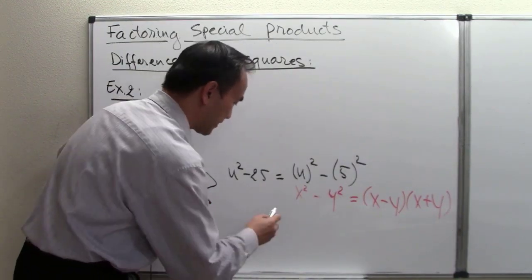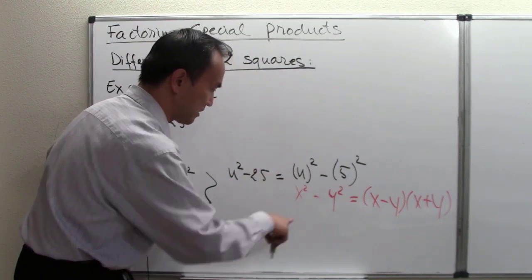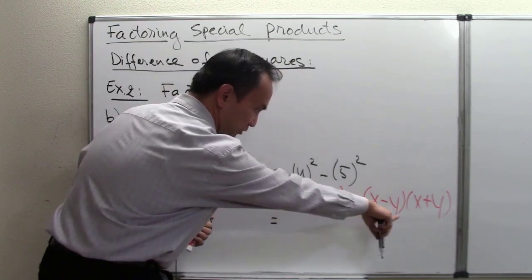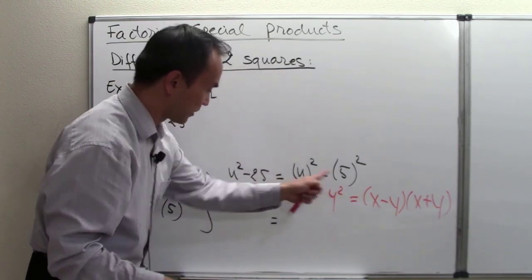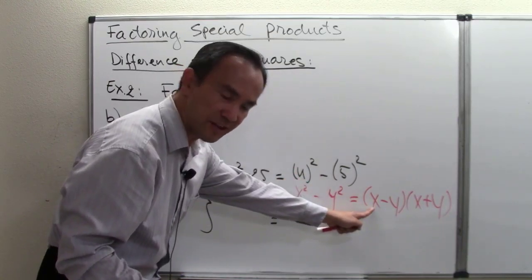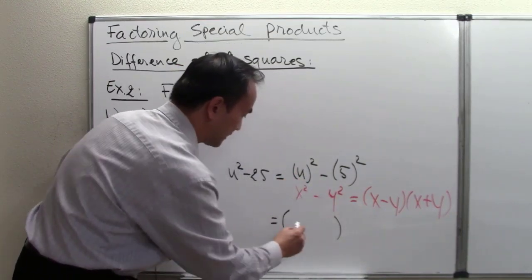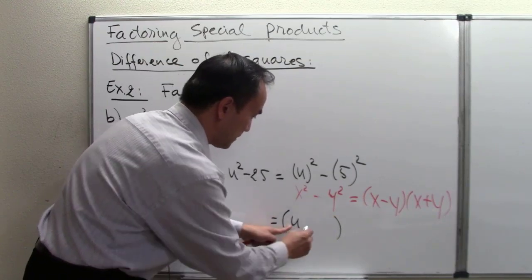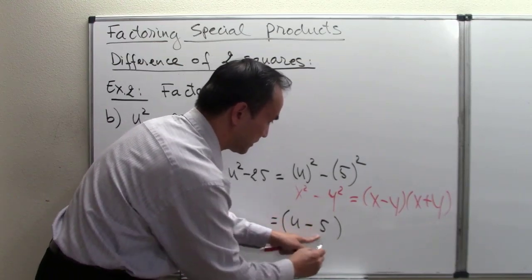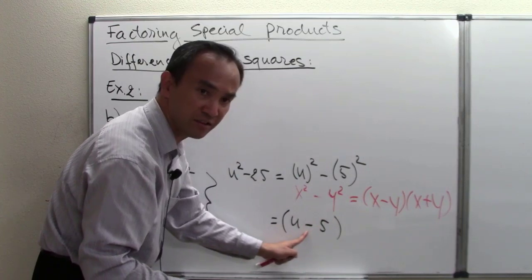So now advancing with our actual problem right here, the difference of two squares factors into that, but u is being put in place of x. So now I'm looking at u for x minus 5 substituted for y. The minus sign comes out with that formula.